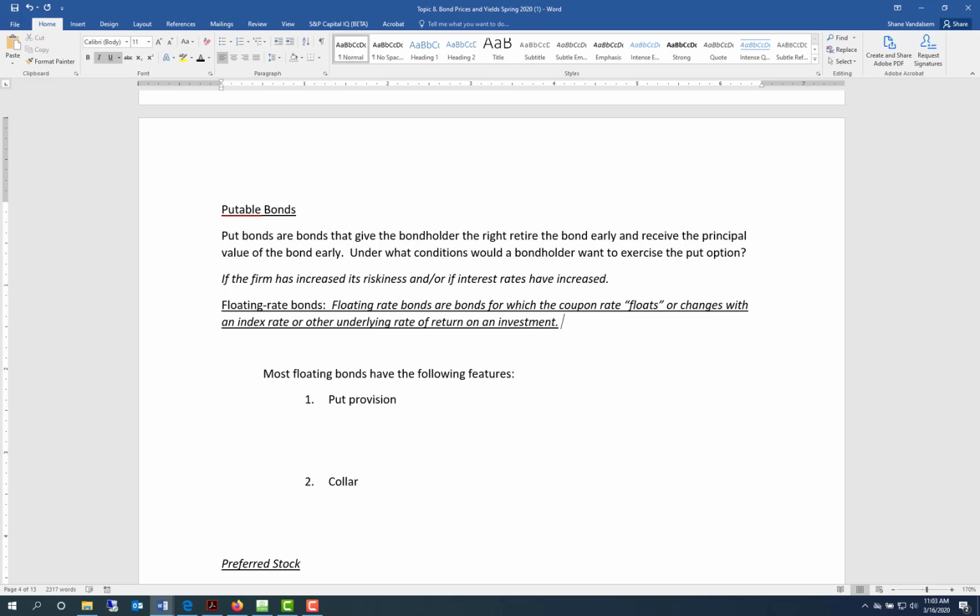So again, these bonds float, their coupon rate floats or changes with an index rate or other underlying rate of return on an investment. Most floating rate bonds have the following features.